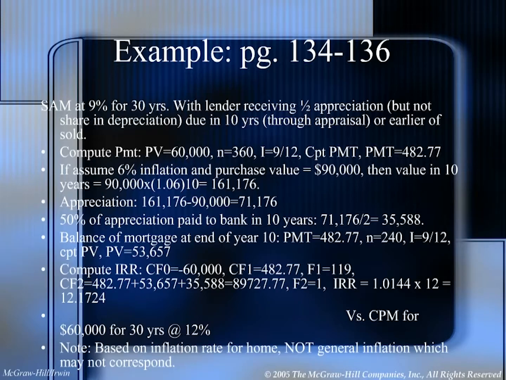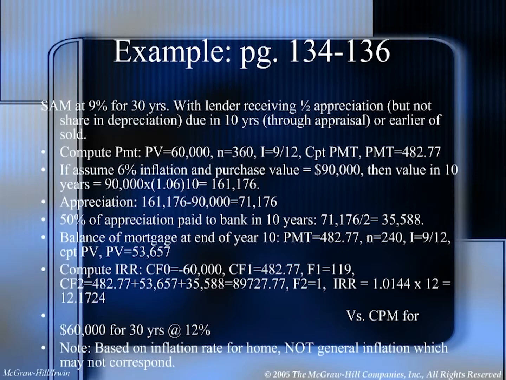And then to calculate the IRR, they don't include any points or closing costs. So the cash flow at time 0 is just the $60,000 that you borrowed. Then you make your payment, the $482.77, for 119 payments. On the 120th payment, you'd have to make the $482.77 plus pay off the balance of the loan, $53,657, plus 50% of the appreciation, $35,588.